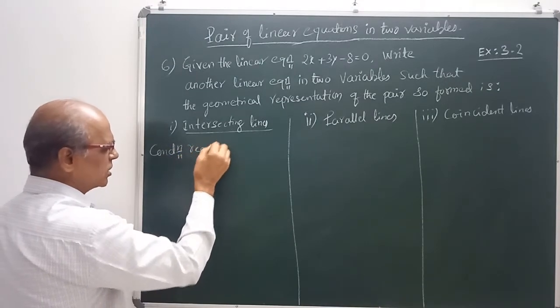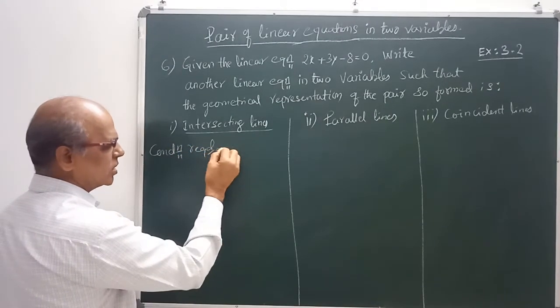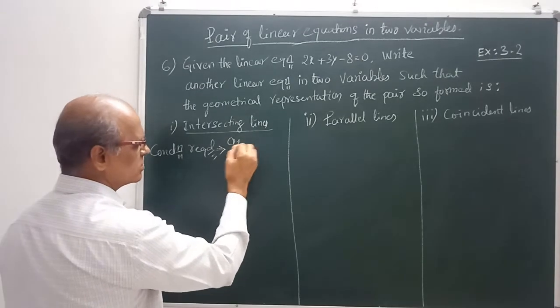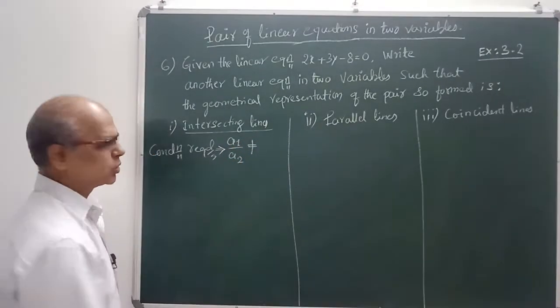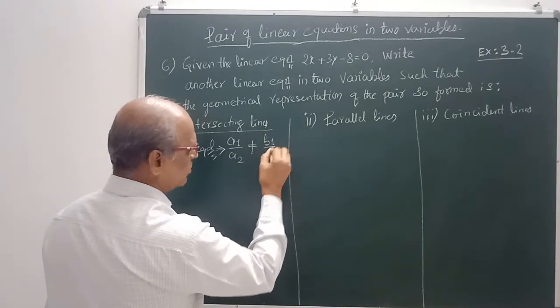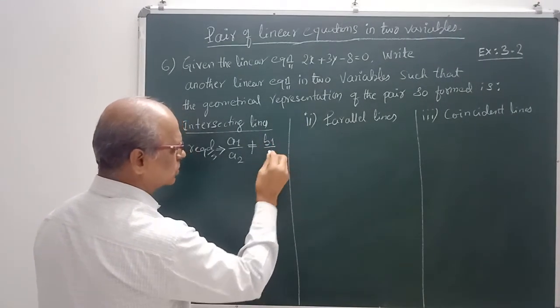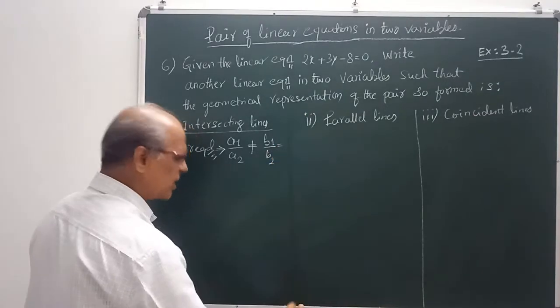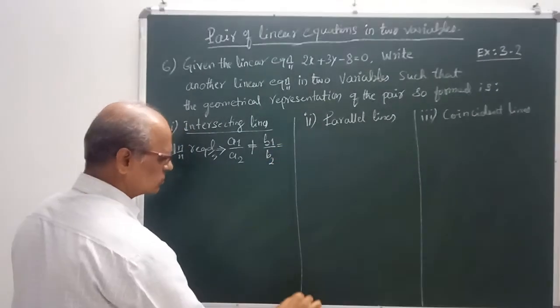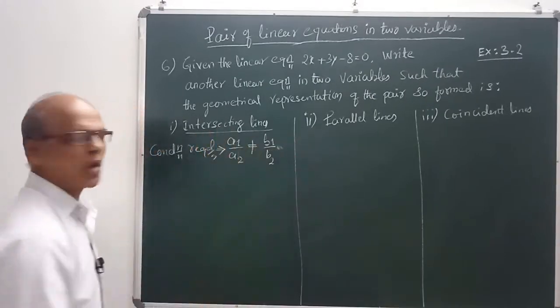Condition required is A1 by A2 should not be equal to B1 by B2. This C1, you see, C1 may be equal or not equal.